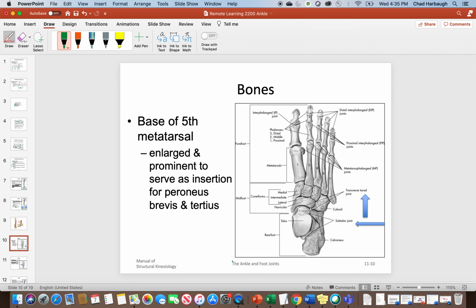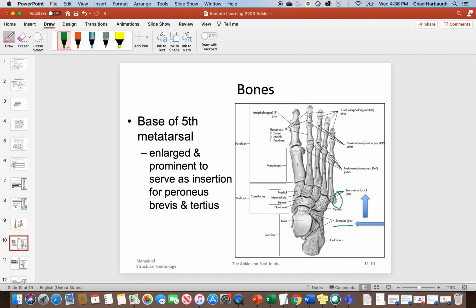These illustrations are just a reminder of where we see some particular connections. So the first area is going to be this prominent fifth metatarsal. We also want to point out the talus surface, or what we consider to be the subtalar joint.